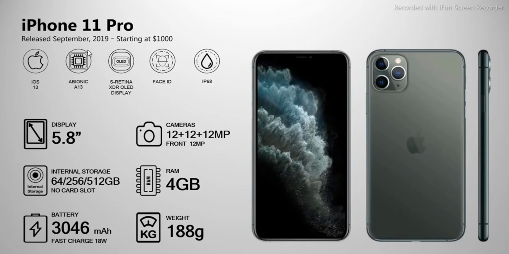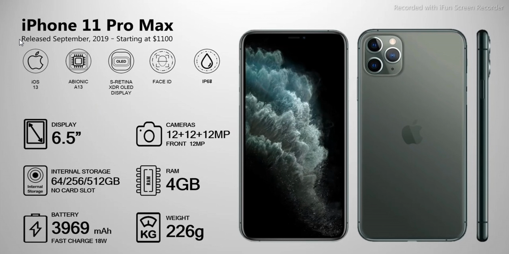Next, iPhone 11 Pro, September 2019 and $1,000 price of this mobile, 4 gigs of RAM, 188 grams of weight, 5.8 inches display size. iPhone 11 Pro Max, September 2019, price of this mobile is $1,100, comes with IP68 rating, Face ID and Apple A13 chip, 6.5 inches screen of this mobile.